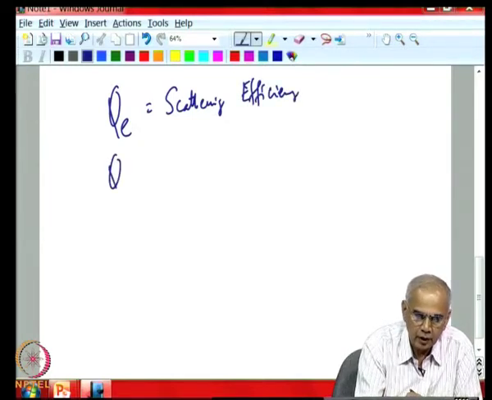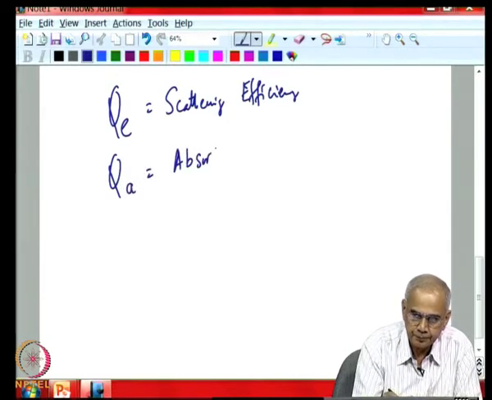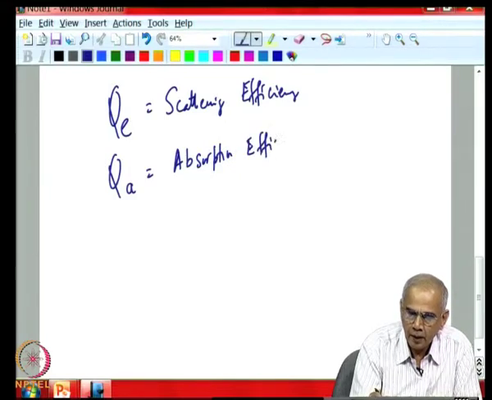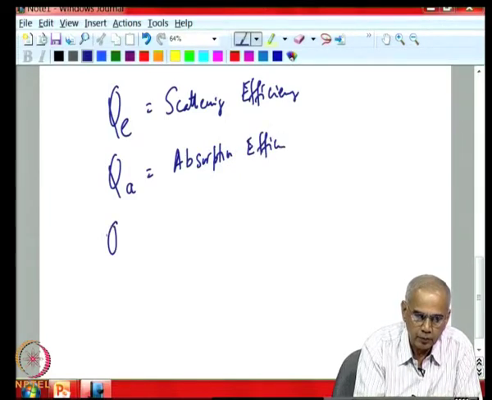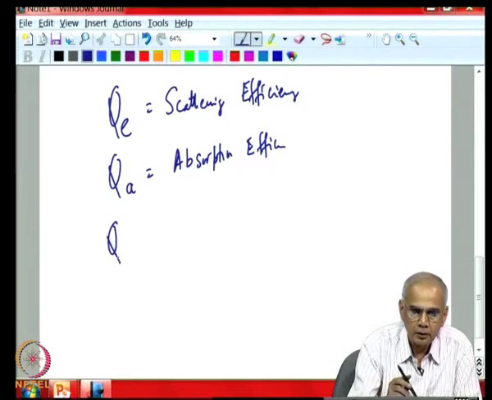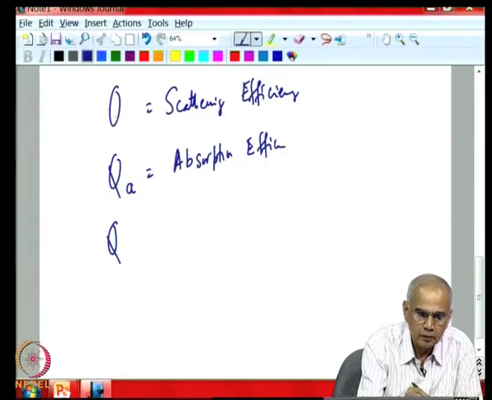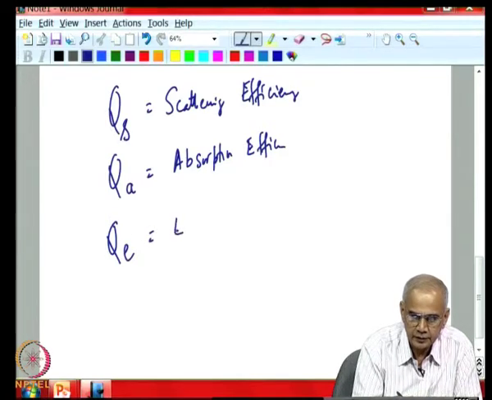Similarly, you can have an absorption efficiency. And you can also talk about extinction efficiency.